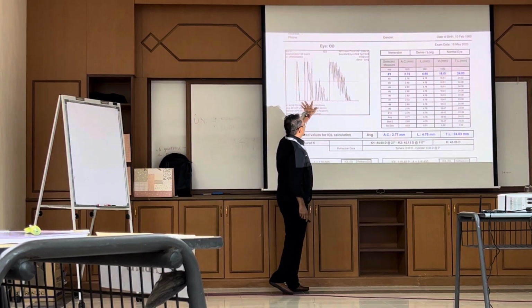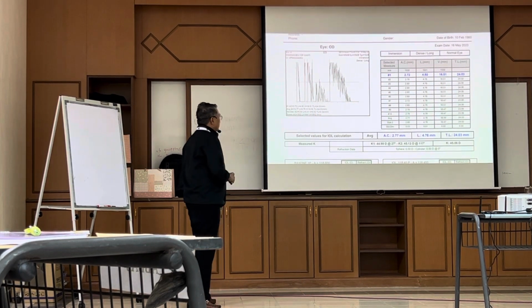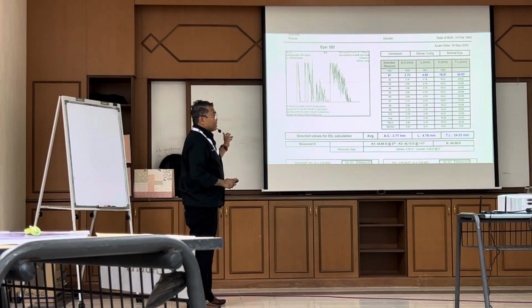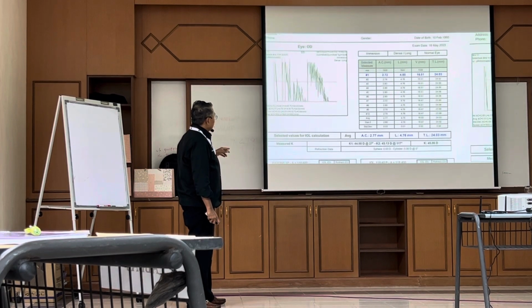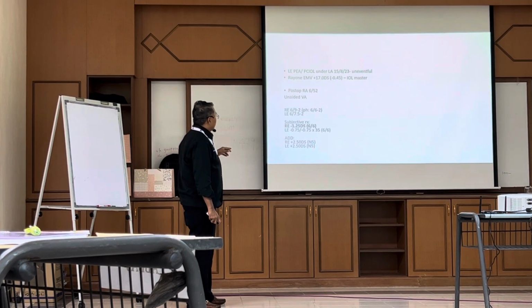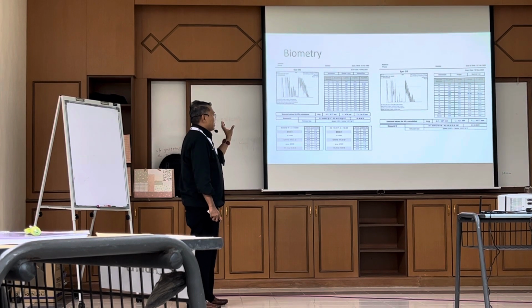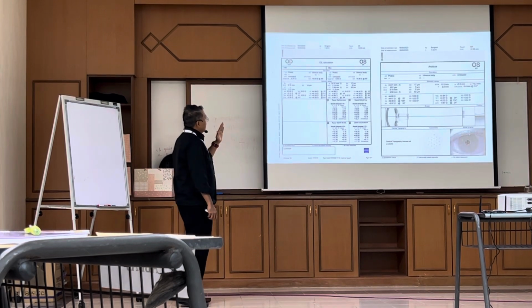Looking at this lens, this is actually quite a thick lens. 4.8. Is that correct when you're doing it? Look at the IOL Master. We have the IOL Master because when you have a big lens, sometimes you can't predict.